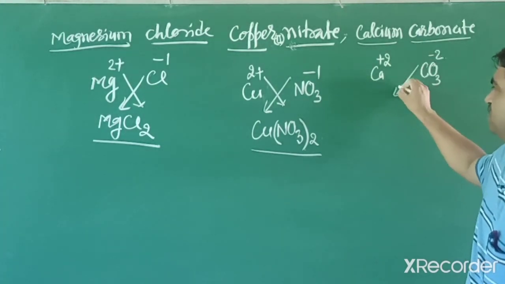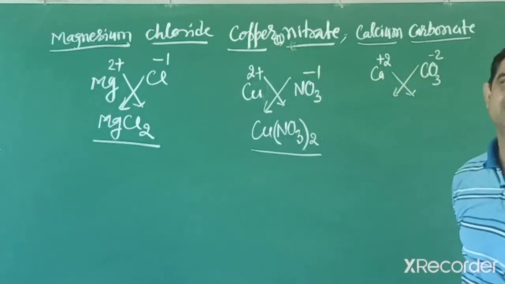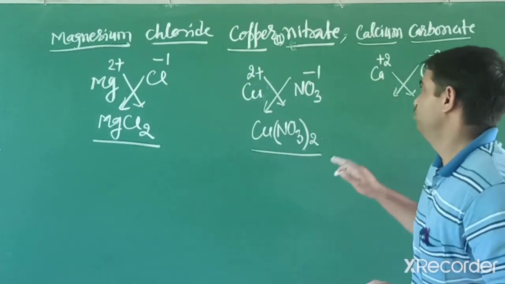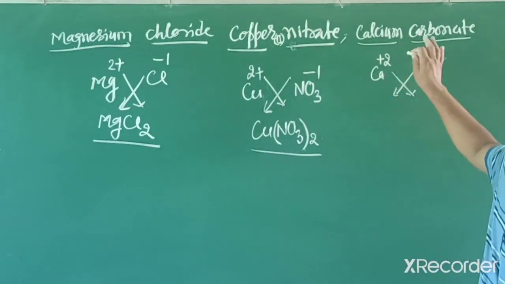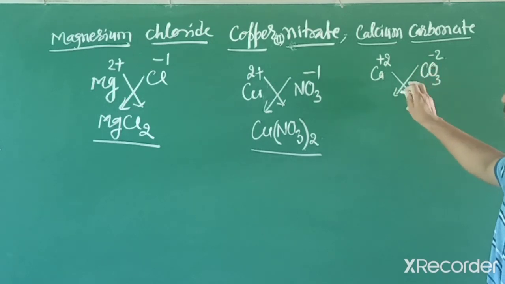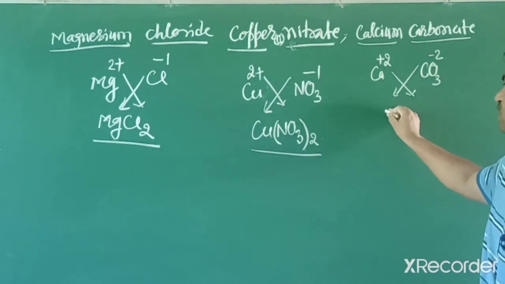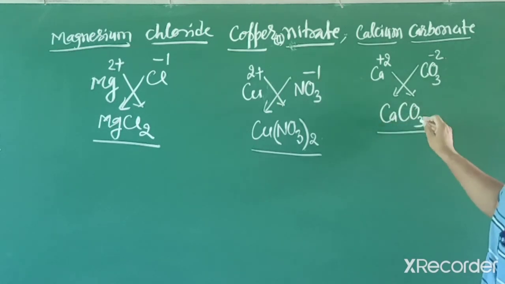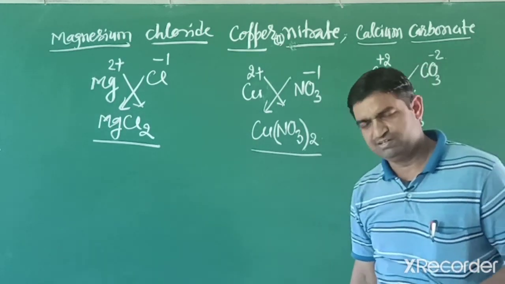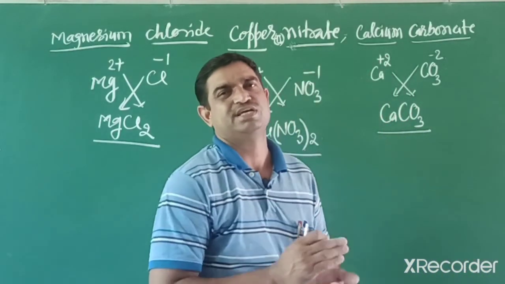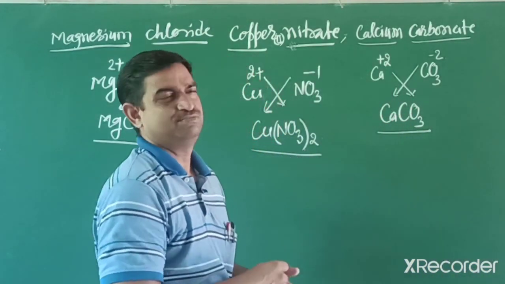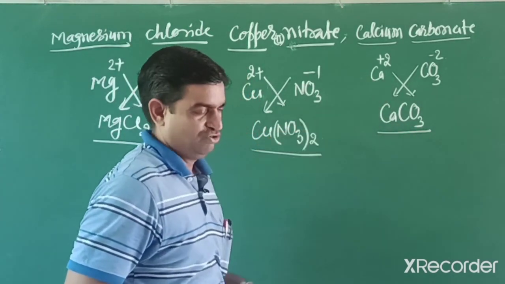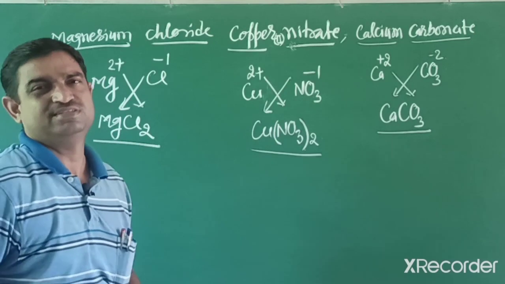If both the charges are equal, then no need to cross their charge, otherwise we have to cancel again. So you write directly CaCO3. Why? Because the cation and anion in the compound are the same in number. The relative number of atoms means we have to find the simplest whole number ratio. So you can easily find it in this way.